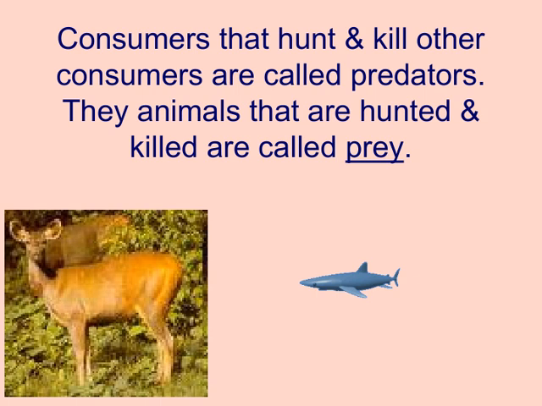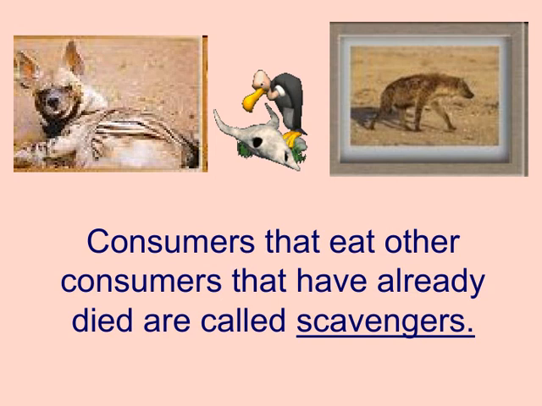So, on this slide, I want to talk about consumers that eat other consumers who have already died. These consumers are called scavengers. Essentially, scavengers play a crucial role in ecosystems by helping to break down and recycle dead organic material. This process not only cleans up the environment, but also returns nutrients back into the soil, supporting the entire food web.